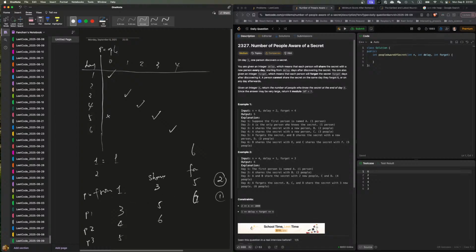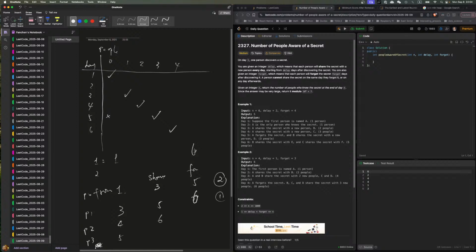Wait, how many people? 3, 4. Right, this is 5, which is P4. Oh no, that's P3. It starts at 5. And for P2, the second person, we start from here and wait for 2 days, then notify someone. So 6 we can take, and this one we cannot take.